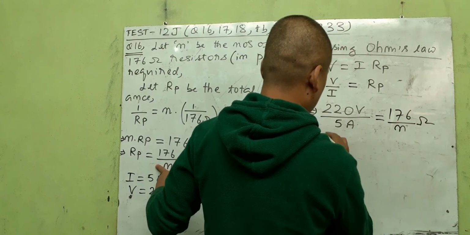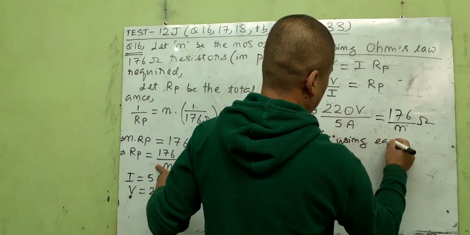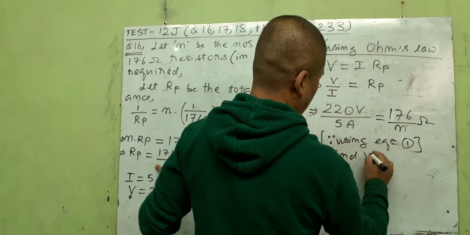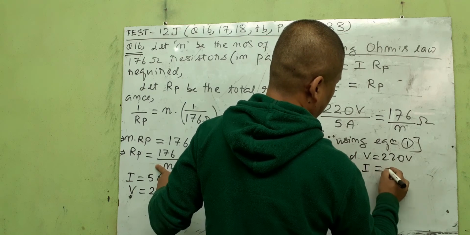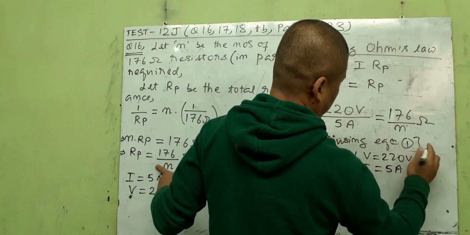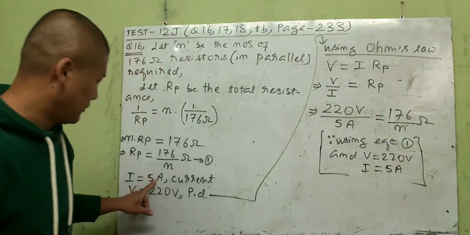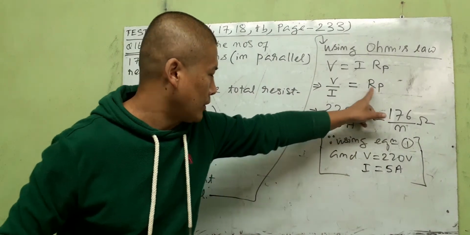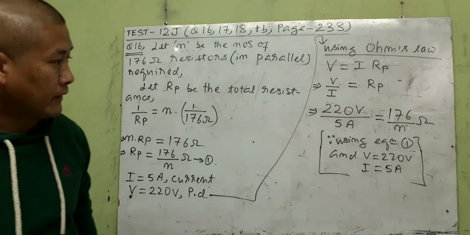So right here, using equation number 1, and knowing that V is 220 volts and I is 5 ampere. Here you can see I 5 ampere, V 220 volt, and then Rp in equation 1, 176 by n. Getting right.